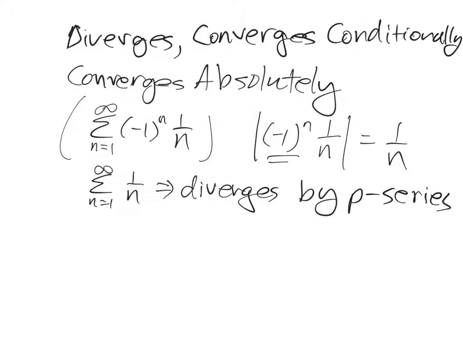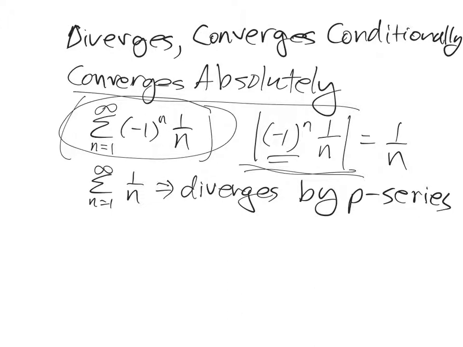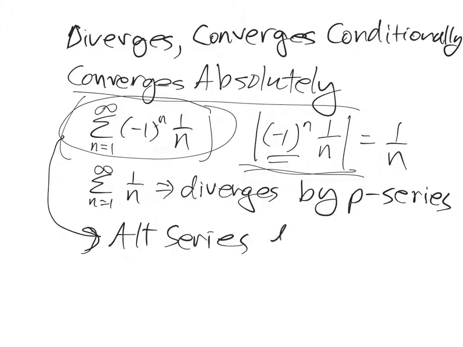So the first thing I would do is go ahead and look at the absolute value of it, work with just the a sub n part. If that converges, then automatically we can say it converges absolutely. But if it diverges, then we have to go back to the original and say, okay, the absolute value diverged. Now let's look at how we can work with this one. And usually what ends up working is the alternating series test. It fits all the conditions, and all we have to do is show the limit equals what?